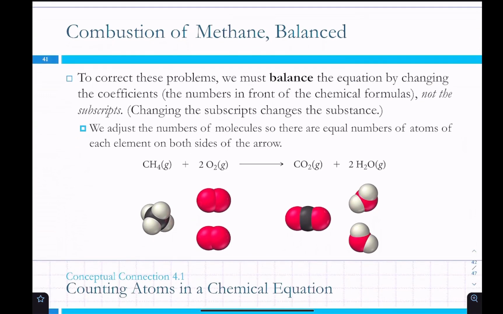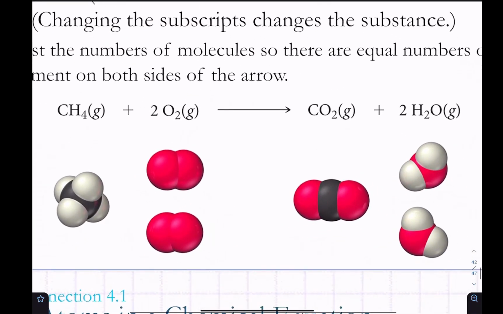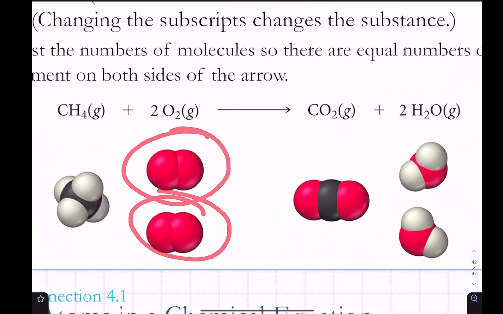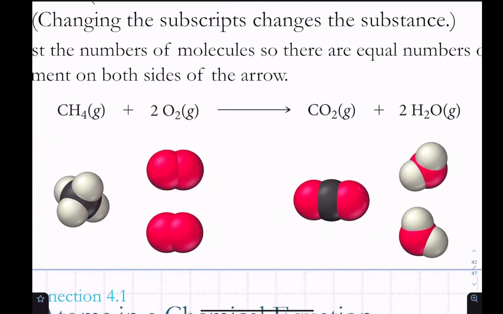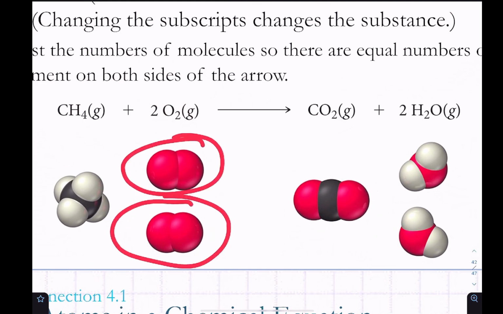When we balance this by adding or changing coefficients, we end up with 1 methane molecule, 2 oxygen molecules, 1 carbon dioxide, and 2 water molecules. And when you're counting these atoms, this 2 in front of oxygen means that there are 2 oxygen molecules, so 4 total oxygen atoms.